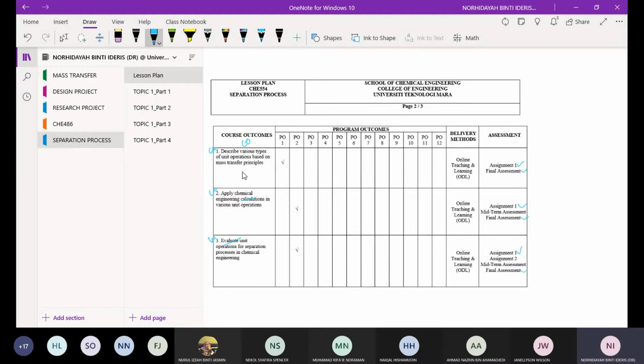Alright, but for your midterm assessment, the question is on CO2 and CO3, and your assignment 2 is solely on CO3, which is you need to evaluate the unit operations for separation processes in chemical engineering. Okay, so all the delivery methods for this subject is by using online teaching and learning.